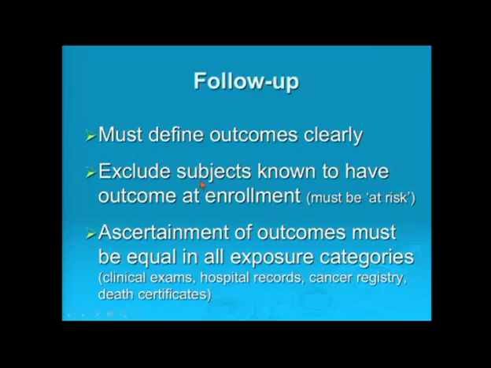You're going to, however, exclude subjects known to have the outcome at enrollment. So, of course, this is something you like to do while you're entering subjects. So, for instance, if I'm doing a cohort study of smoking and lung cancer, if I have somebody who has already been diagnosed as having lung cancer, they can't be at risk of lung cancer.